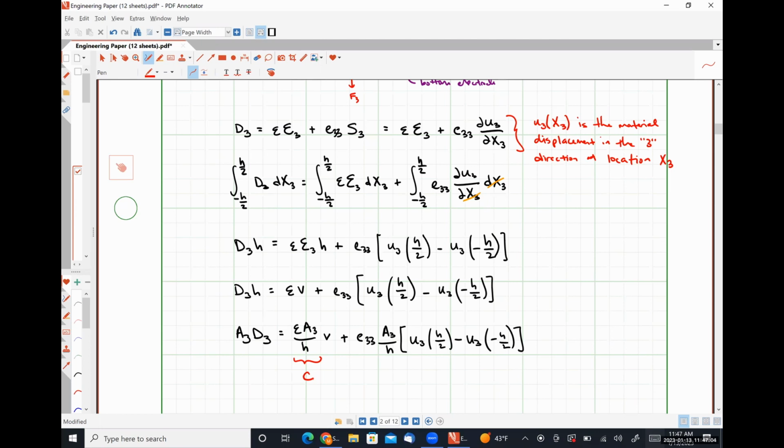Well, what's capacitance times voltage? Charge, right? And if we looked at the units of A3 and D3, that is coulombs per meter squared times meter squared, which gives us coulombs, so it is charge.